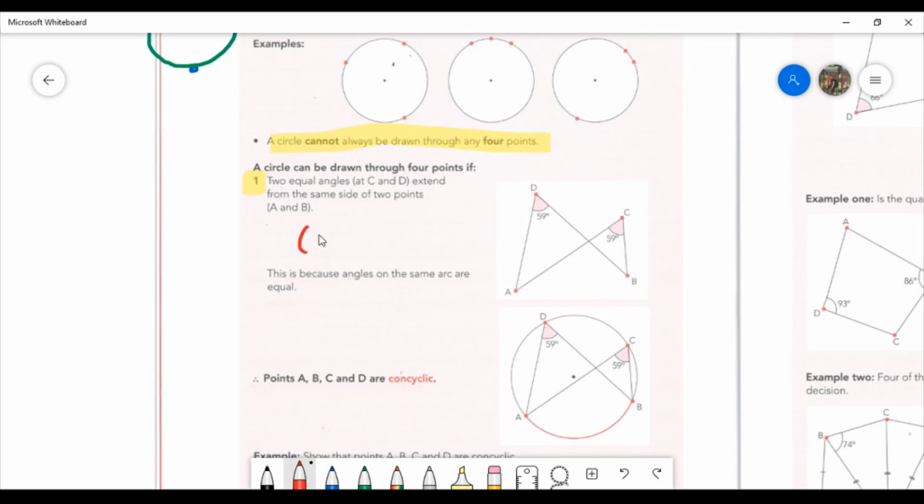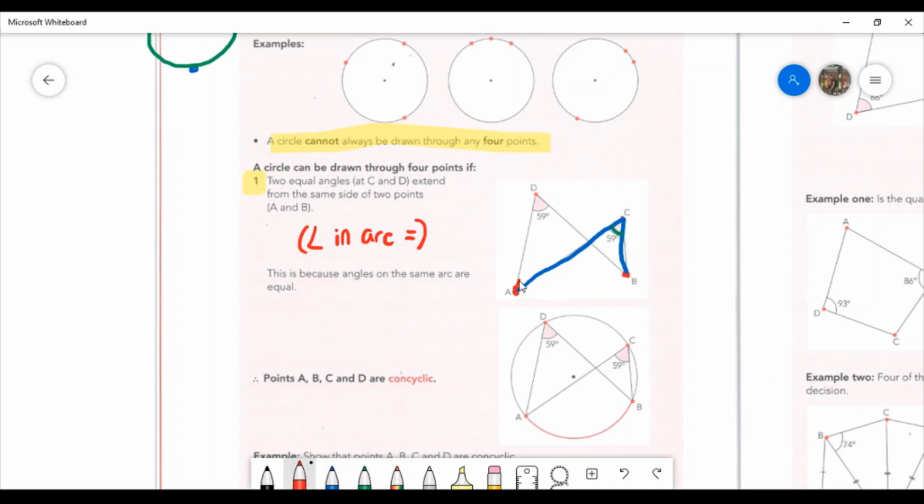Remember that? Angles in an arc are equal. Another way of saying that is if I have 2 points of the 4 points and I draw lines from them, I extend lines out and then look at the angles they make.